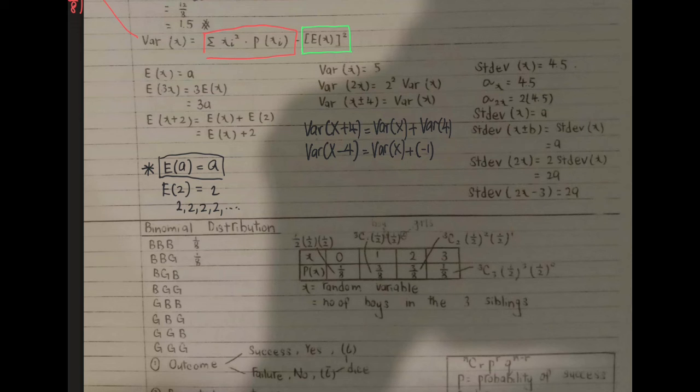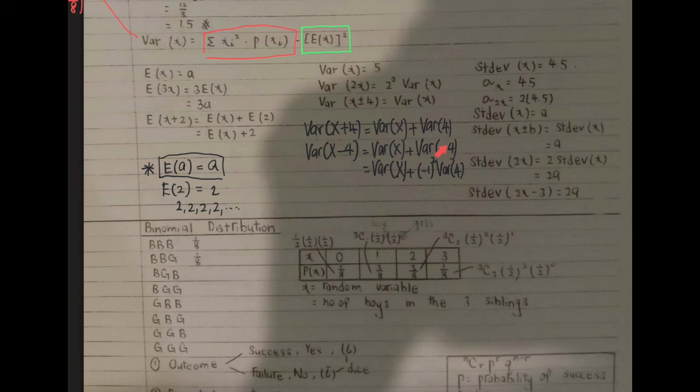I put it like this first, step by step. Variance of x plus negative 1 times 4, we can take out the negative 1, so negative 1 squared, variance of 4. I take out the negative and then I need to square it. Based on this formula, whatever you factorize, you need to square it.